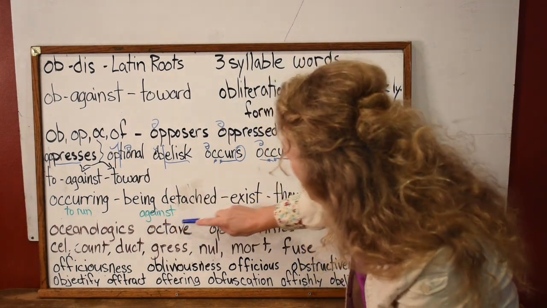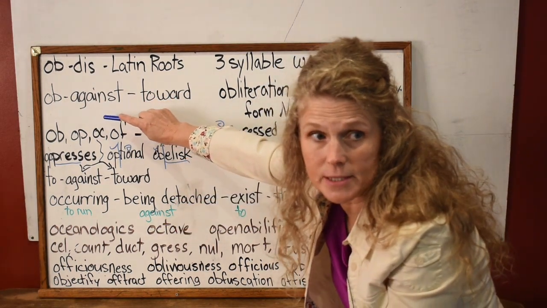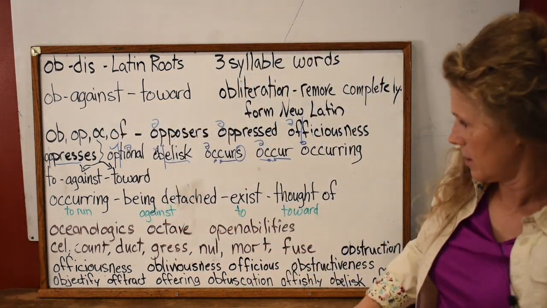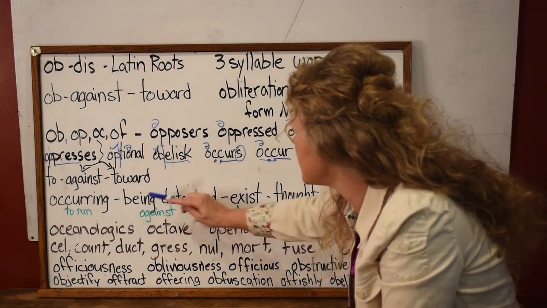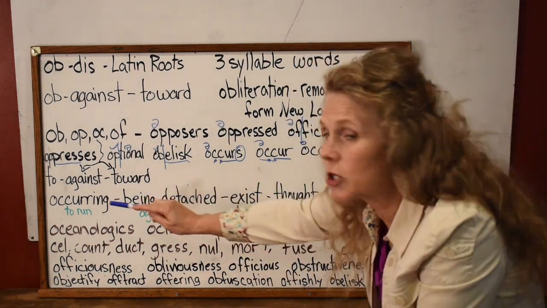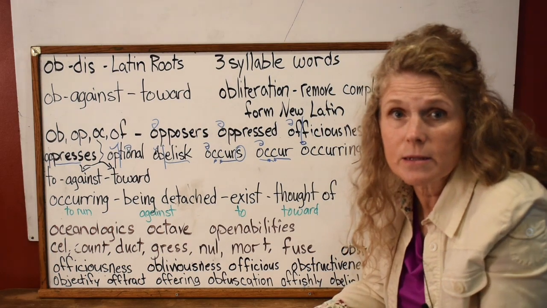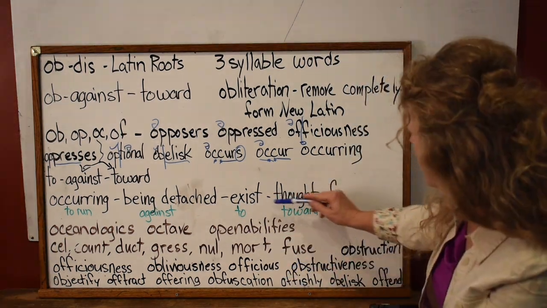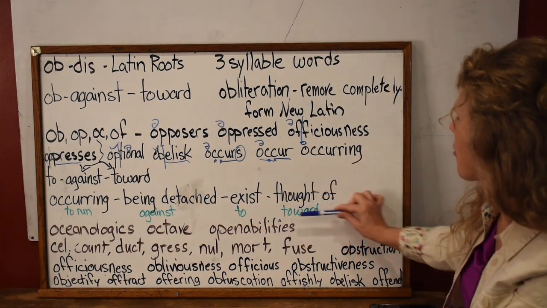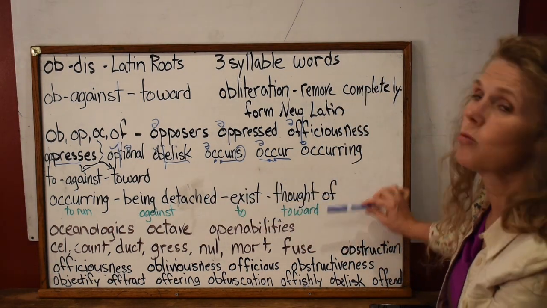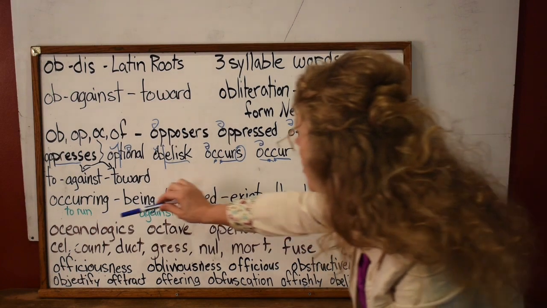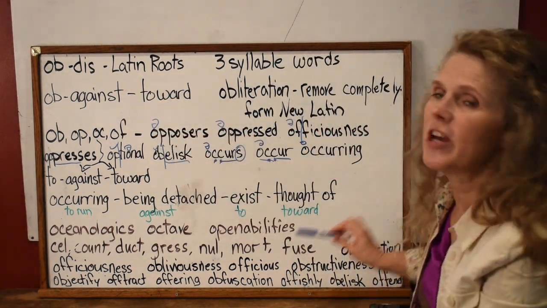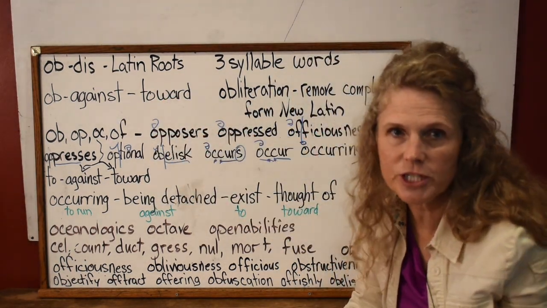So you can say, well, it's falling in the against. Occurring also means to exist. And then occurring also means thought of, and that's toward. So really, things fit if you look at different definitions.